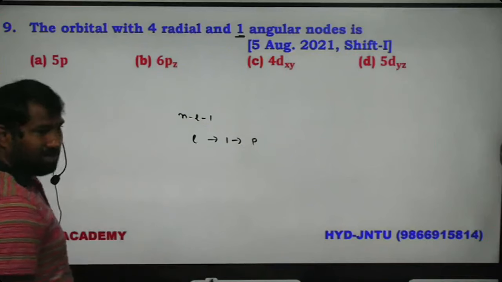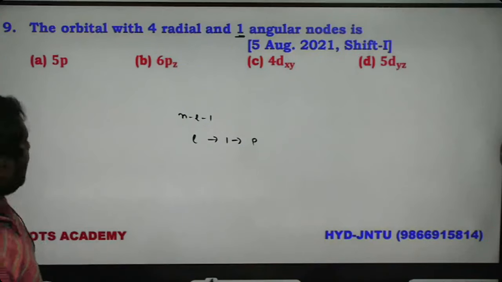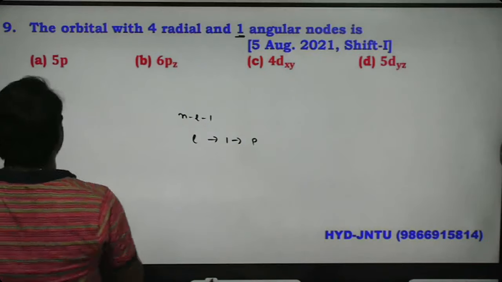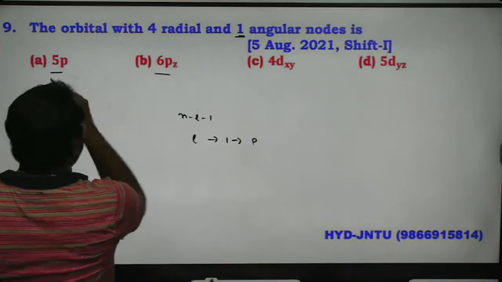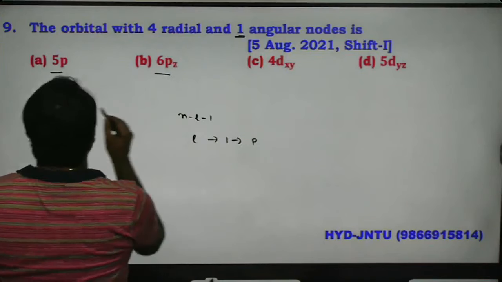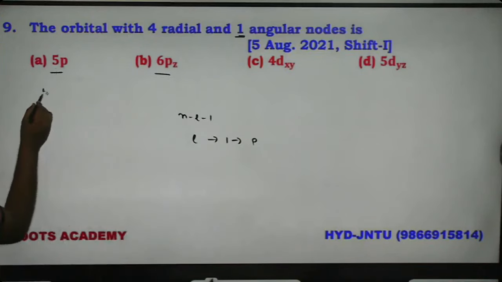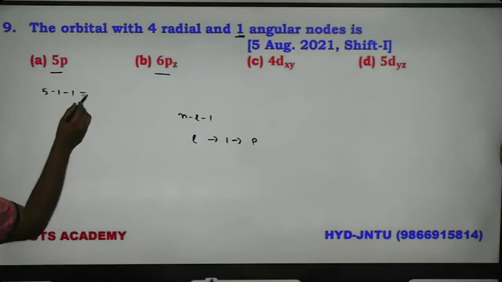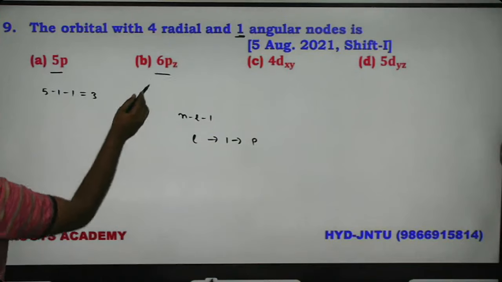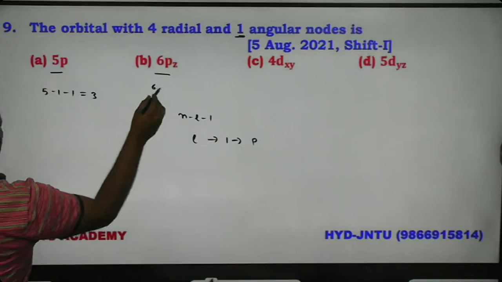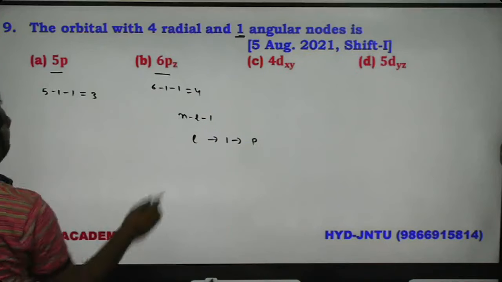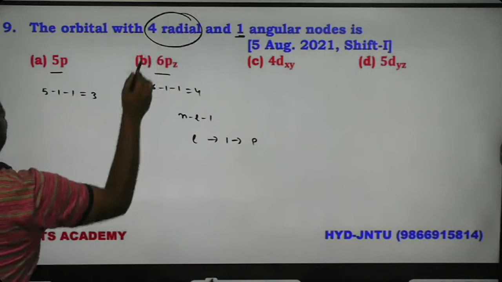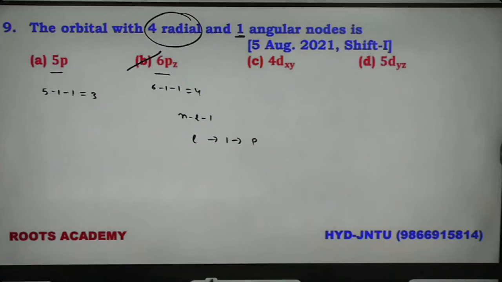That must be p subshell. How many p subshells we have? This is 5p, 6p. Compare these two. For 5p, n - l - 1 = 5 - 1 - 1 = 3. For 6p, 6 - 1 - 1 = 4. He is asking 4 radial nodes. So you can go with B.